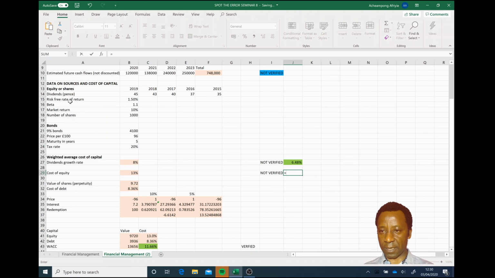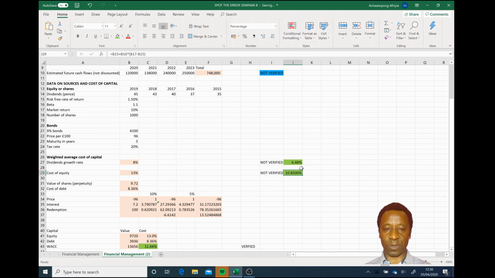We pick the risk-free rate of return plus beta multiplied by the market return minus the risk-free rate of return. I'm just going through this quickly because we did this in our spot the error activity last week. Good. So again, that is different from the figure that they've got there. Okay.